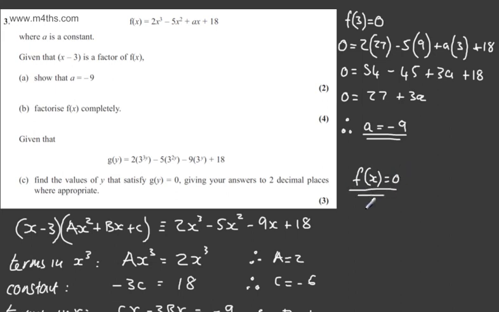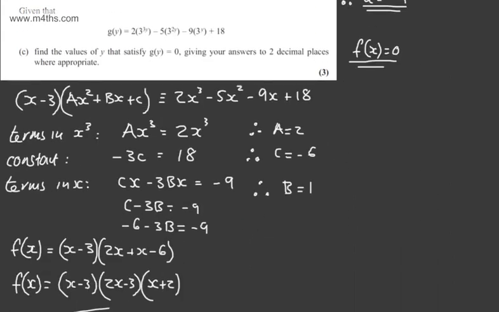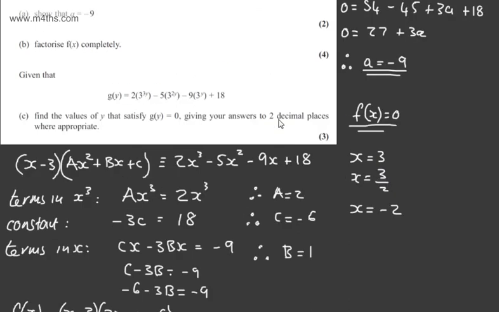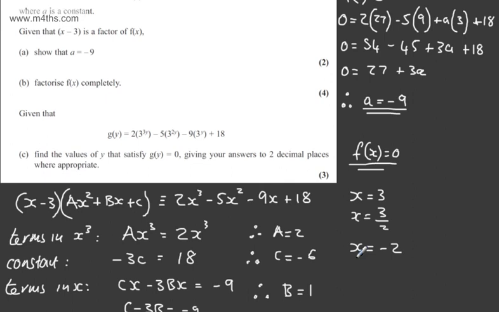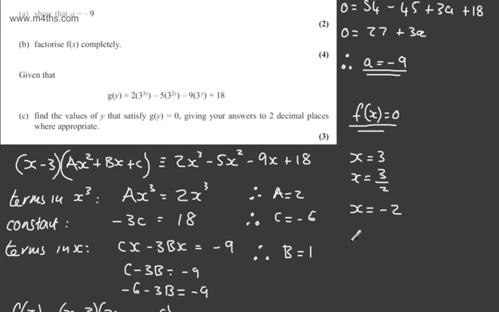If we solve f(x) = 0, going back to our 3 linear factors, we can say that x would be equal to 3, x would be equal to 3/2, or x would be equal to −2. Let's now consider making a substitution. We can see that x can be equal to 3 to the y. So let x be equal to 3 to the y.